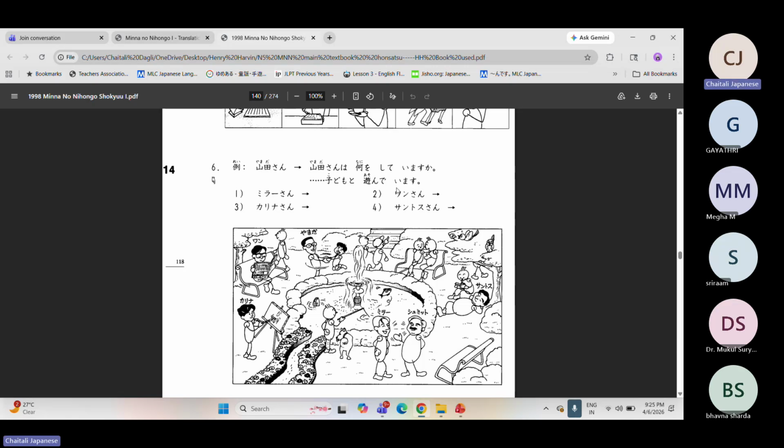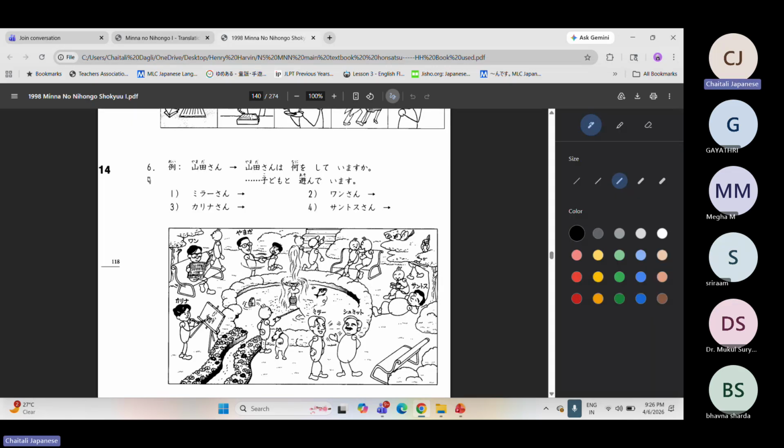We have 4 people in the scenario: Mira-san, Wan-san, Karina-san, and Santosu-san. First we are going to locate them. Here we have Karina-san, here we have Wan-san, here we have Santosu-san, and here Mira-san. So 1, 2, 3, and 4.